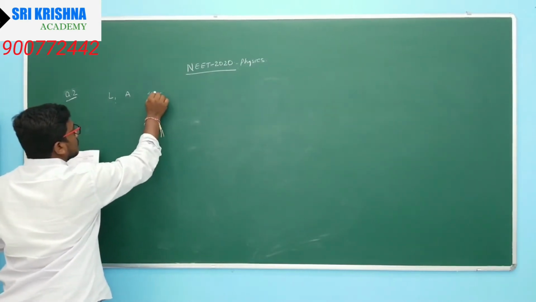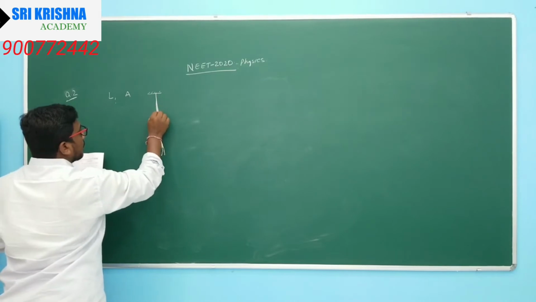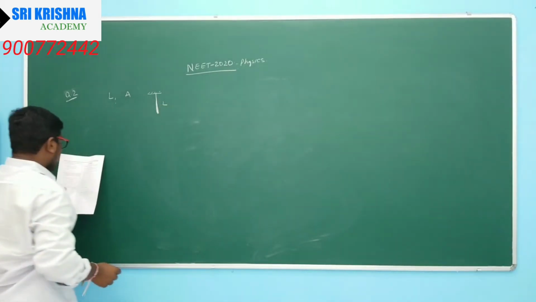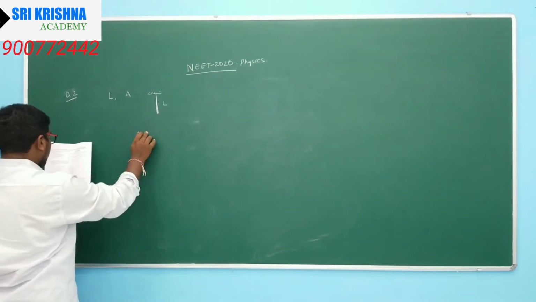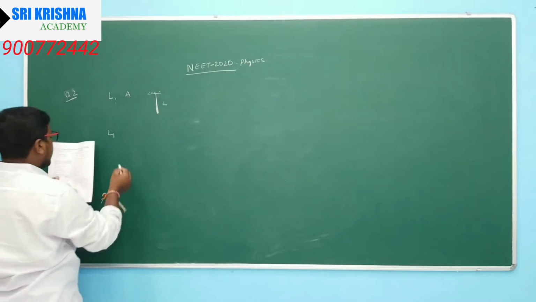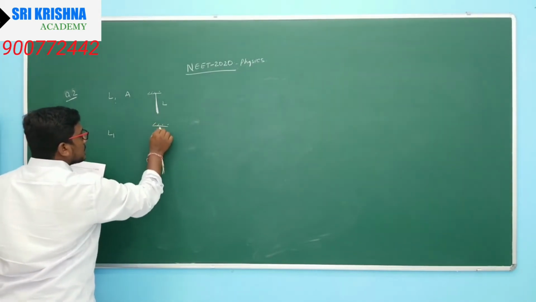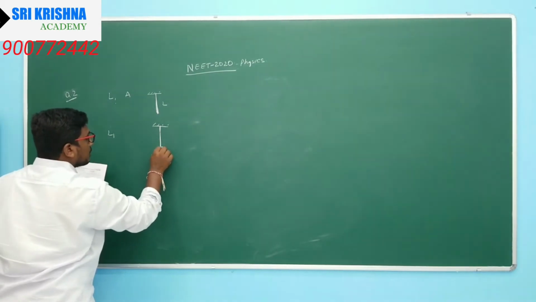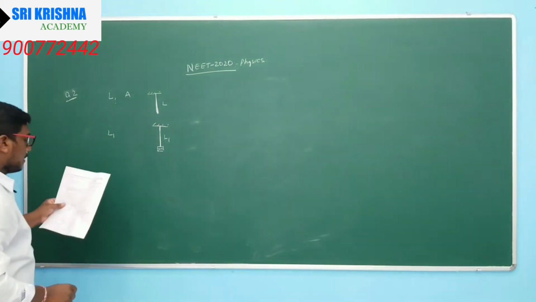So there is a support, and it is hanging, this is length L. The length of the wire changes to L1 when mass M is suspended from its free end. So some mass M is suspended, so the length becomes L1.